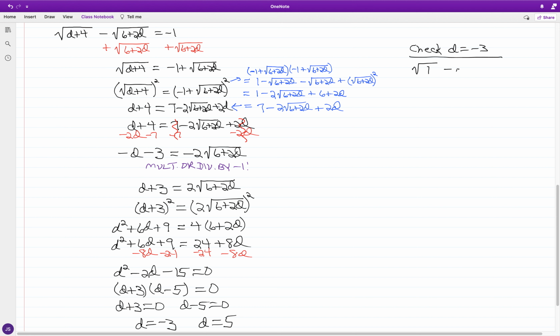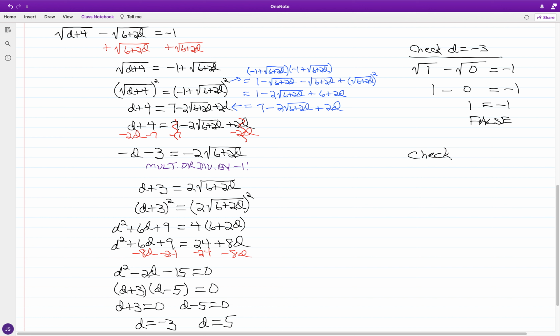And you got minus the square root. Now 2 times negative 3 is negative 6, plus 6 is 0. Square root of 1 is only 1. Square root of 0 is 0. If I set d to negative 3, ultimately I'm saying that 1 is equal to negative 1, which it is not. So negative 3 is going to strike out.